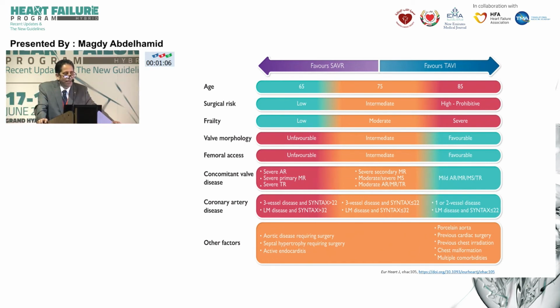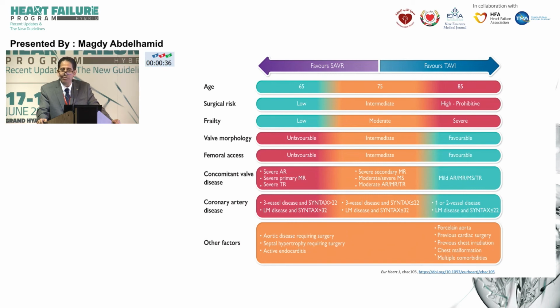For example, for the age of 65, low surgical risk, low frailty, valve morphology, and femoral access not suitable for TAVI, concomitant valve disease like severe aortic regurgitation or severe mitral regurgitation, significant coronary artery disease, those patients are ideal to be considered for surgery. On the other hand, TAVI is highly recommended in elderly, 85 years or more, high prohibitive surgical risk, EuroSCORE more than 8%, and severe frailty.